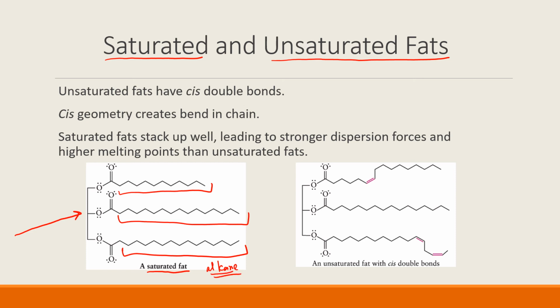On the other hand, in case of unsaturated fat, at least one of the chains, maybe more, will contain a double bond somewhere. It may contain multiple double bonds, but at least one double bond will be present. If in a fat molecule at least one or more double bonds are present, then that fat is known as an unsaturated fat molecule.